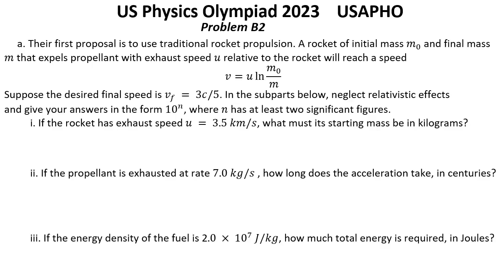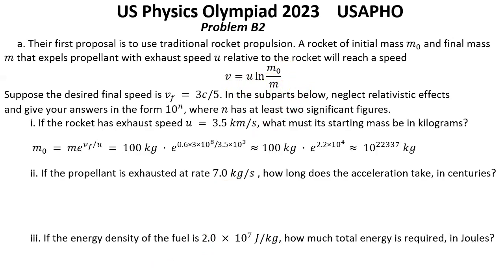Solution for part A. Question 1. If the rocket has exhaust speed u equal 3.5 km per second, what must its starting mass be in kilograms? Solution. We can use this expression for final speed to express m0 through other parameters.